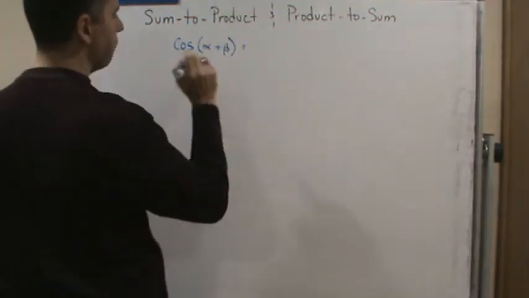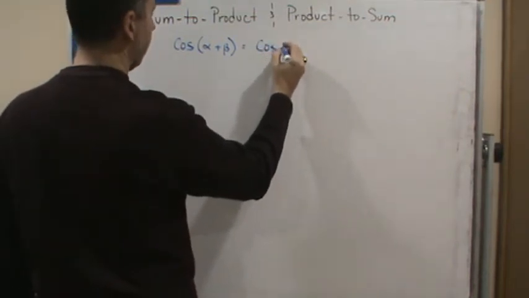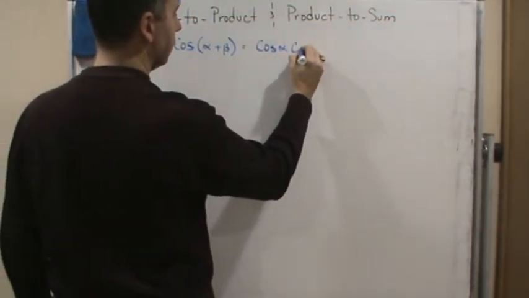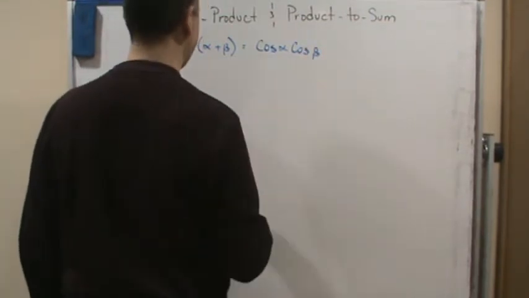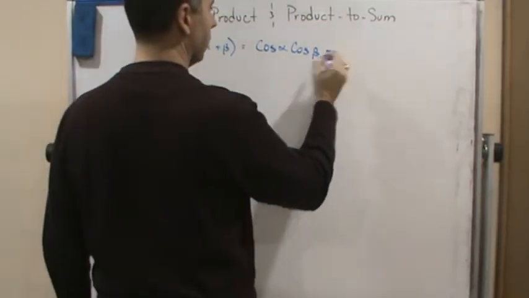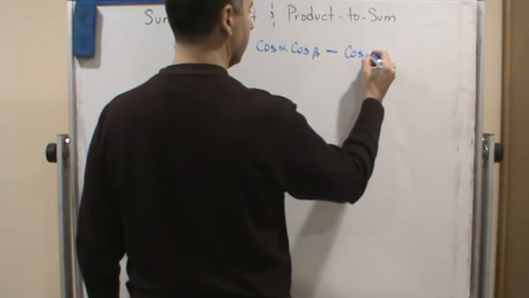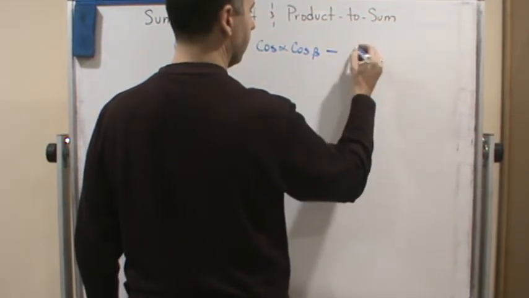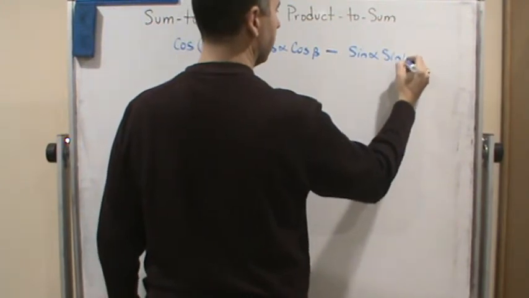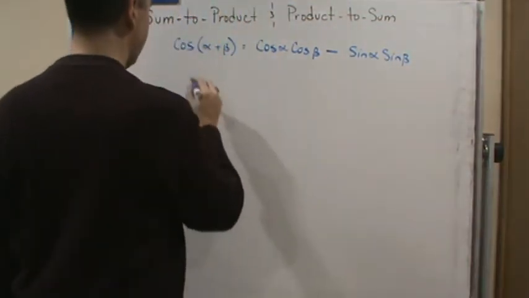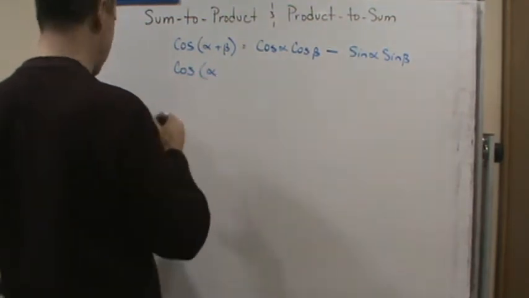We get cosine alpha cosine beta minus sine alpha sine beta.